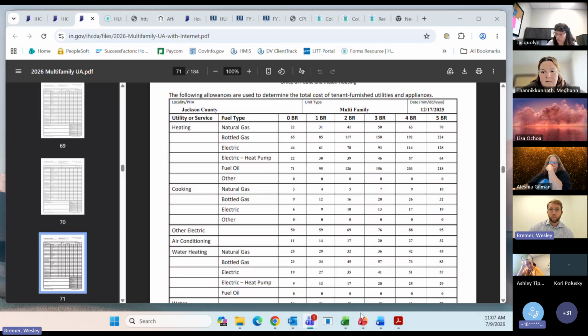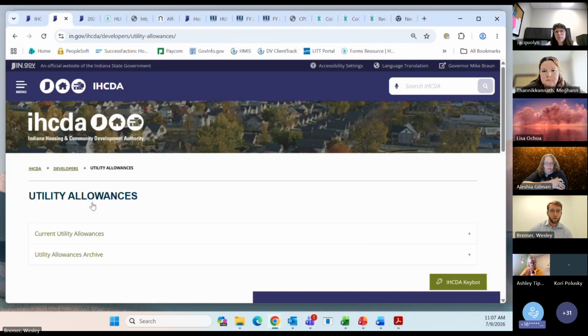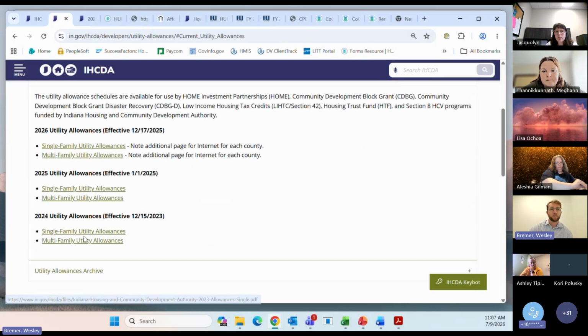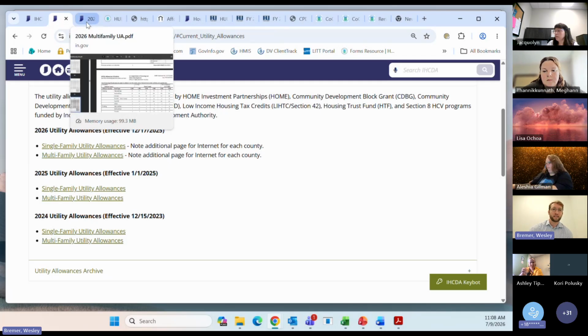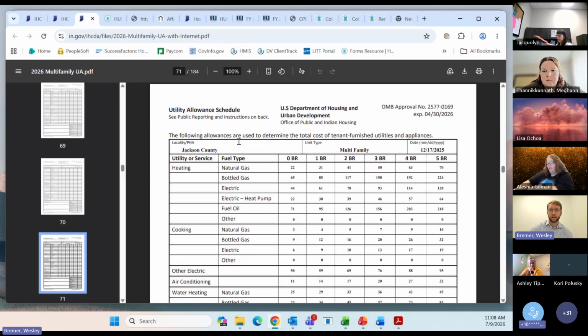So yeah, we encourage you to use IHCDA's, well, we require IHCDA's utility allowance schedule. A few quick notes about this document. We have the current utility allowances, and we have this link for you in the follow-up resources we'll send. But be sure to choose appropriately between a single family or a multifamily residence. Here in a second, Megan's going to lead you through an example for Jackson County. That's why we've landed on this page.